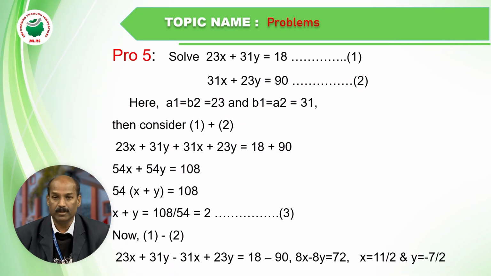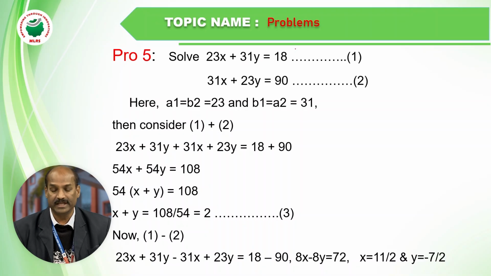Now come to the problems or examples. Now problem 5. Solve 23x plus 31y equal 18. You call it as equation 1. Second equation is 31x plus 23y equal 90. Now in this case, when we observe this system of linear equations, two equations in two unknowns, we observed that the coefficient of x is 23 and that is equivalent to the coefficient of y in second equation, 23.